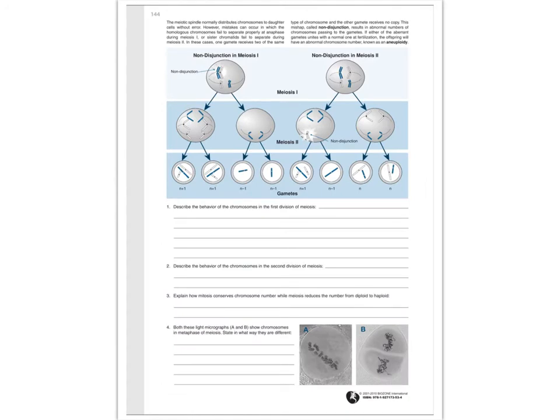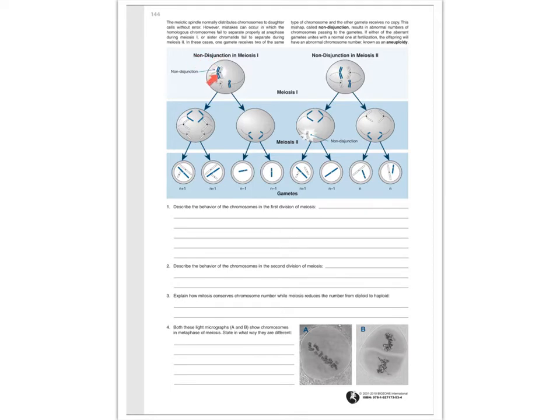So that's the way meiosis is supposed to work. But sometimes we have something called nondisjunction. And what that means is this: instead of the chromosomes separating the way they should, by the way, disjunction. What does the word junction mean? It means a place where they come together, right? If they're coming together at the junction, disjunction must mean they're coming apart.